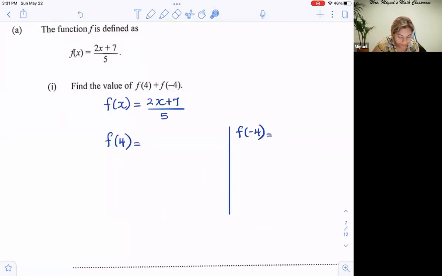So we are going to replace x first with 4, and then we are going to replace x with -4.